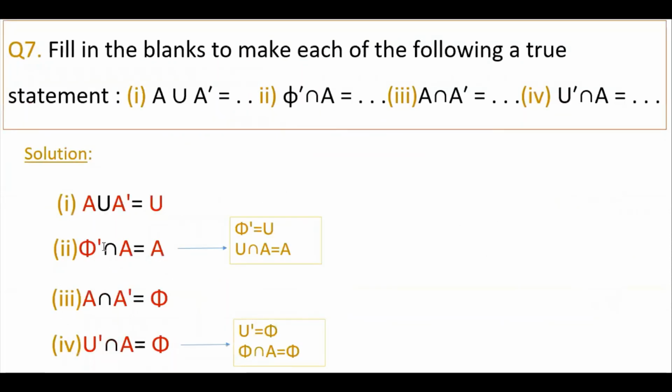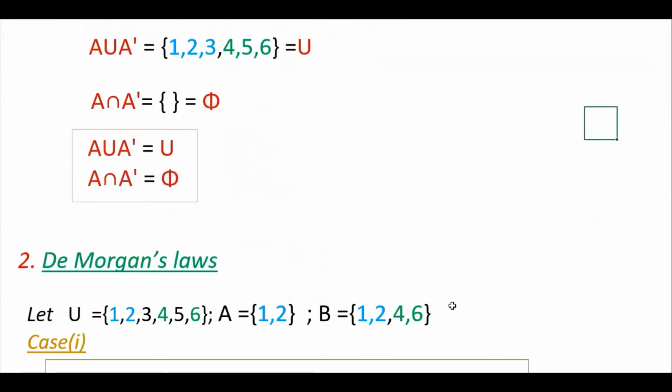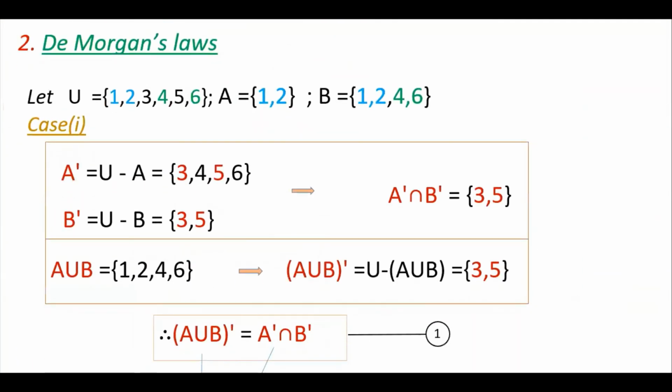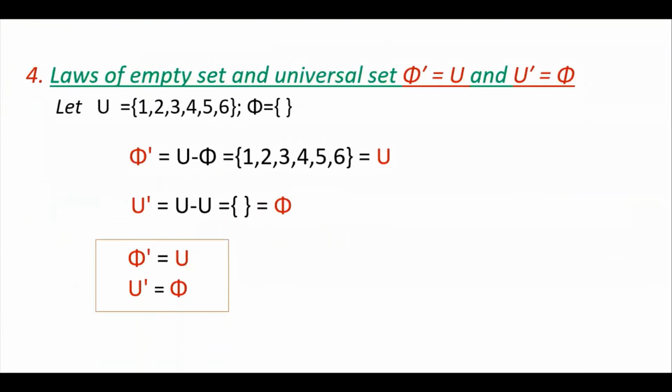And the next one is the complement of an empty set intersecting A, which is equal to A. Because we know that the complement of an empty set is equal to the universal set. You can see this also from the properties here.